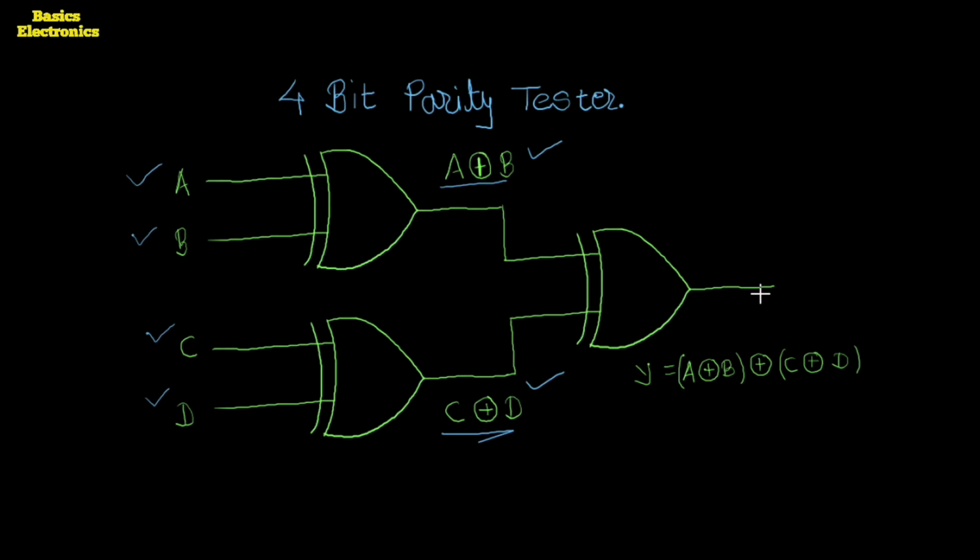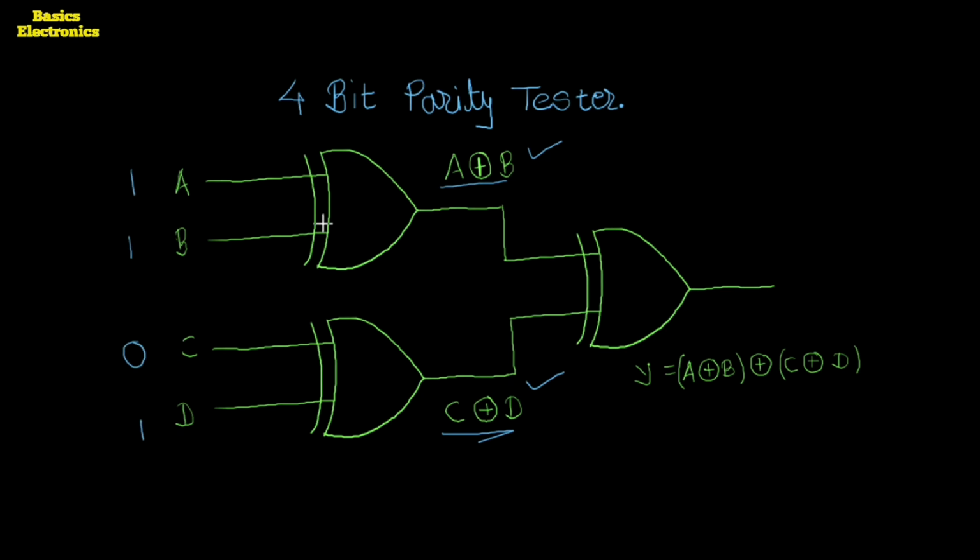Okay, so we will see 1 or 2 examples on this. Also you have to explain 1 or 2 examples in the working section of your answer along with the truth table. Suppose the 4-bit data is 1, 1, 0, 1.